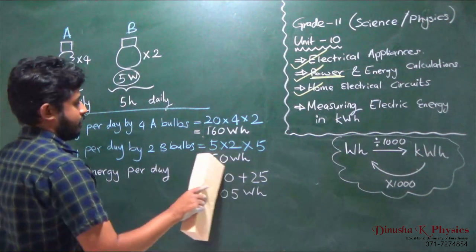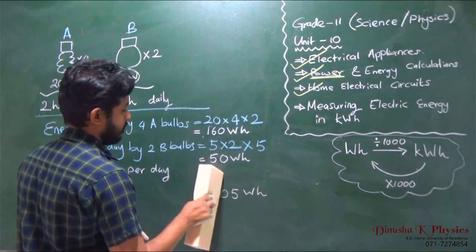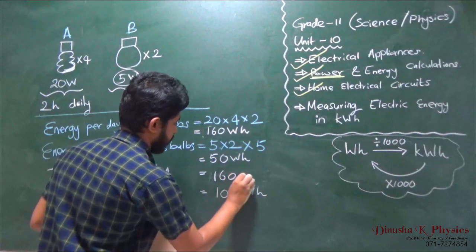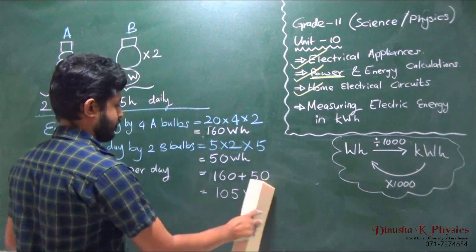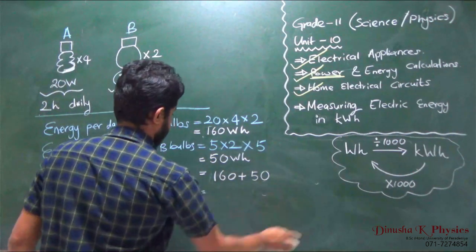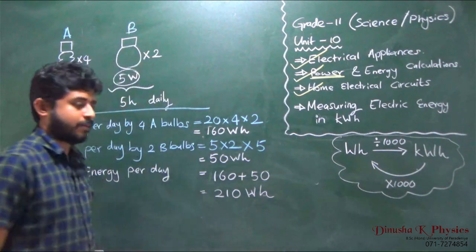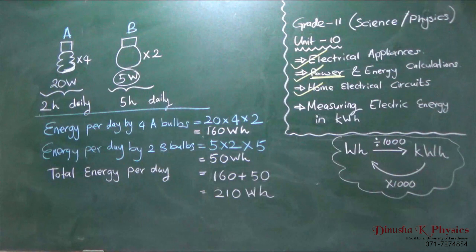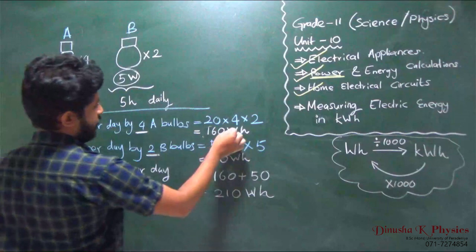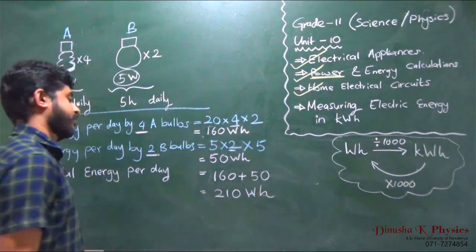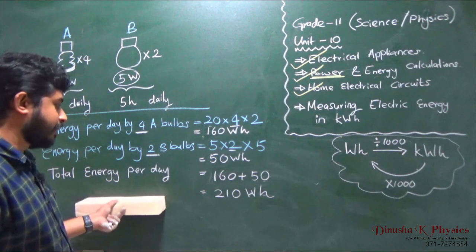Then the total value will be 160 plus 50, so that will be 210 watt hours. So I missed the number of bulbs. Sorry. Right, so this is the total energy per day.